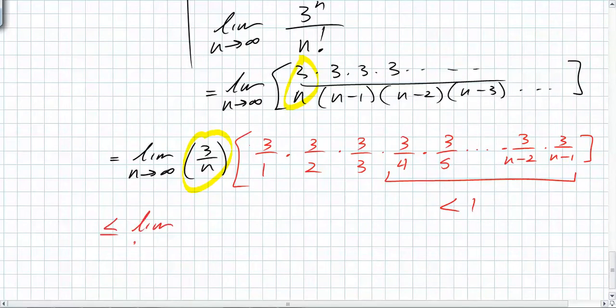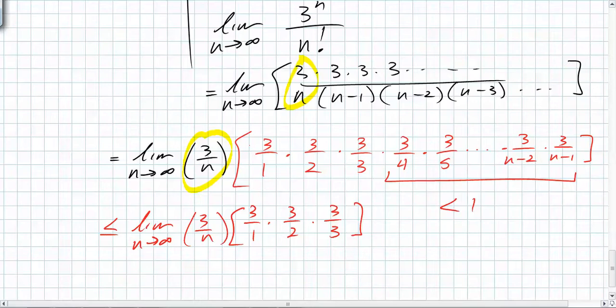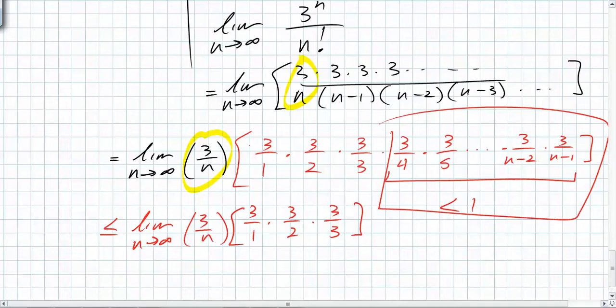You can now say the limit as n goes to infinity of 3 over n times this is less than that times 3 over 1 times 3 over 2 times 3 over 3. Do you agree with that? This thing right here makes the thing smaller, right? So if we drop that away, we just made the whole thing a little bigger, but we just made it easier, right?